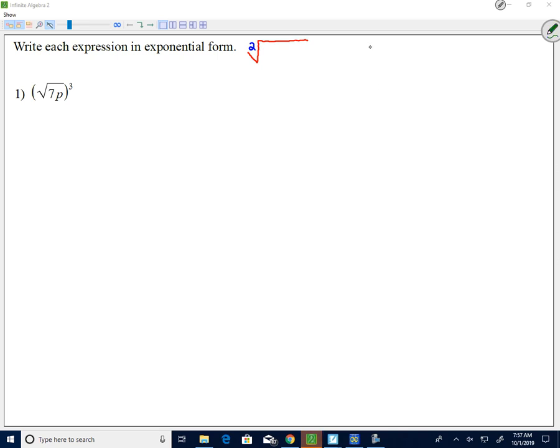We also need to understand that whatever power we're taking it to is going to go in the numerator. And then whatever root we're taking, the root becomes the denominator.